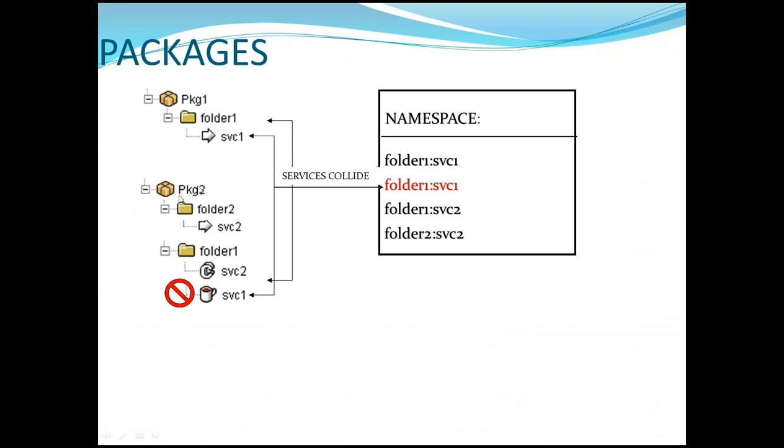If you create the main folder as package 2 here, package 2 dot folder 1 dot service 1, which is different. So create the same main folder, the first folder of the package. Okay, so you get the service collide. If you create the first folder with the same name as the package, you won't get the service collide. Is this clear?